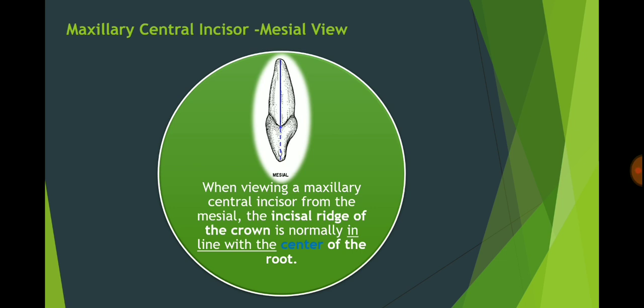So if you draw a line from the incisor through the root, it's going to be directly in the midline. So the apex is going to be in line with the incisor ridge. Okay, very important point to remember here.